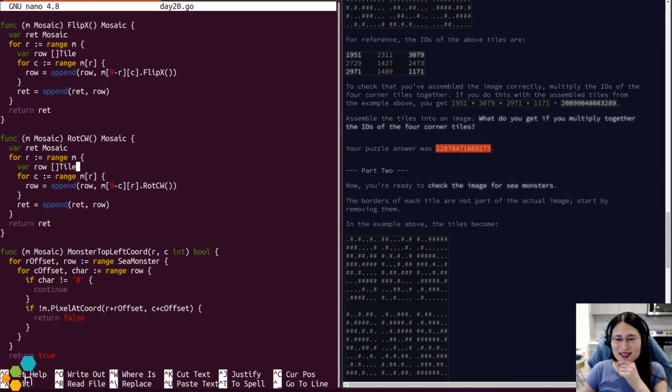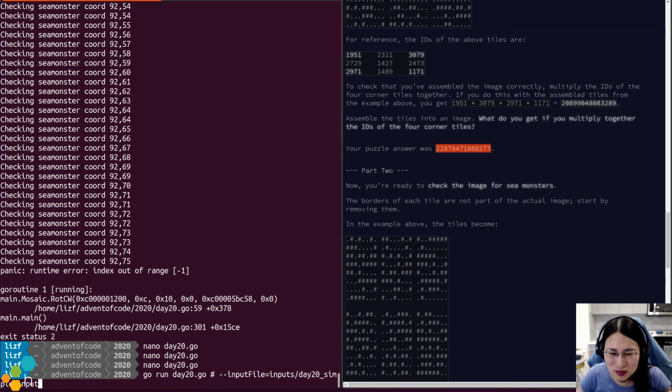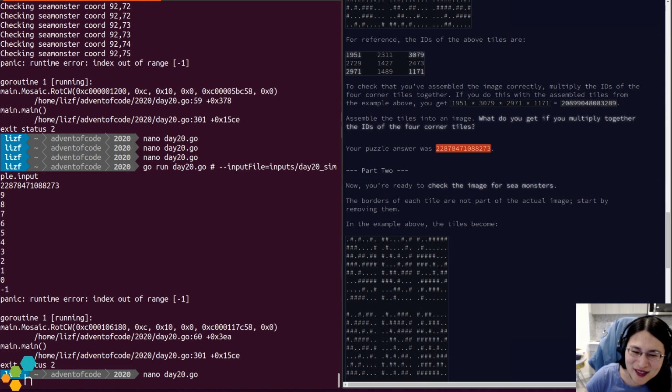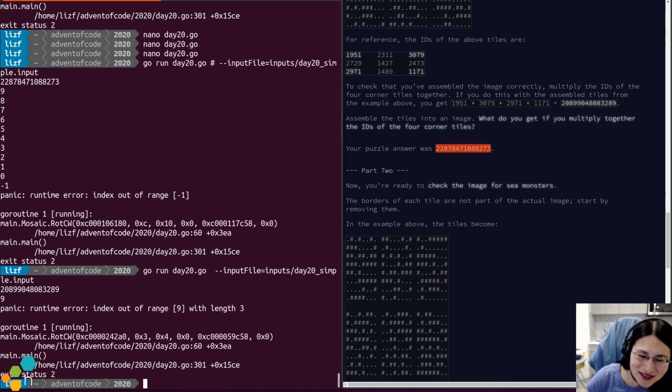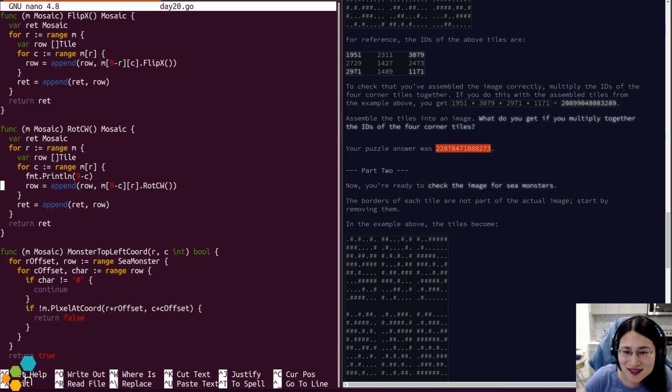Why is C less than... what the hell? Oh, it iterated to -1? What? Yeah. Okay. I see what's happened here.